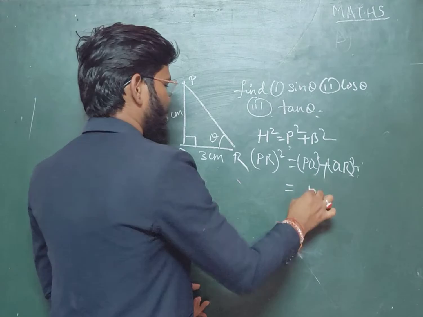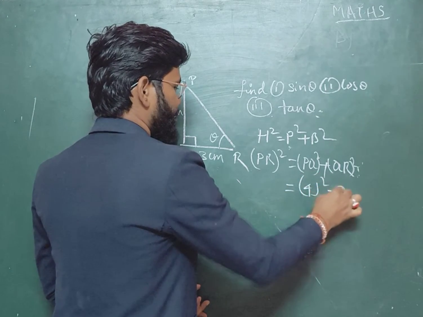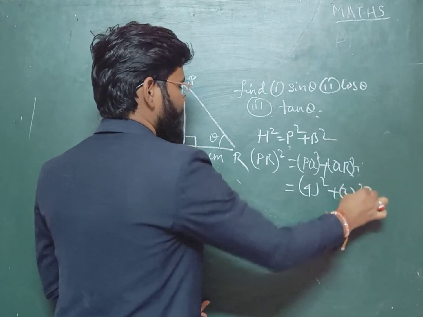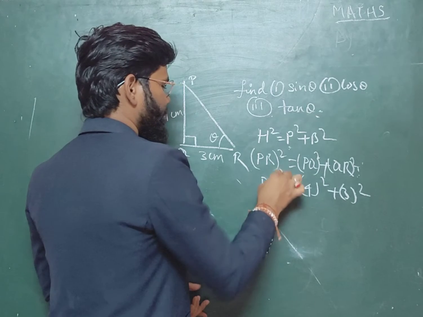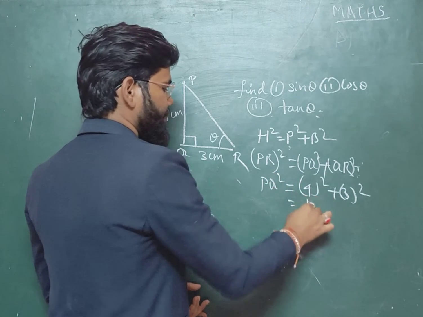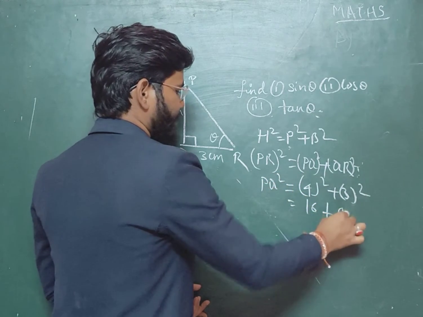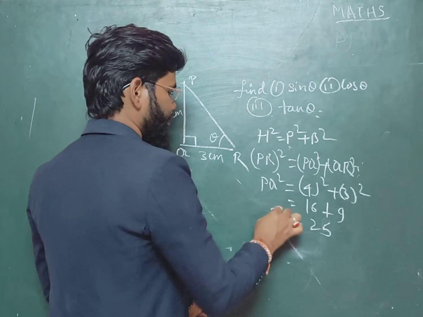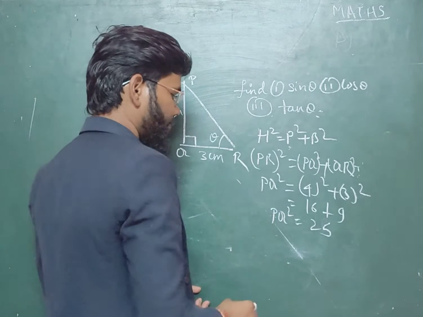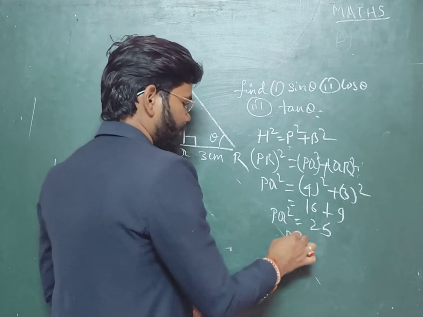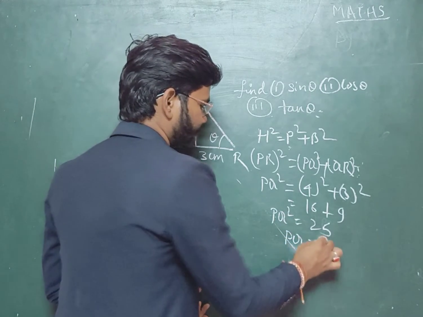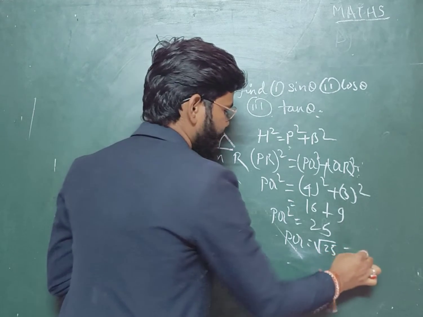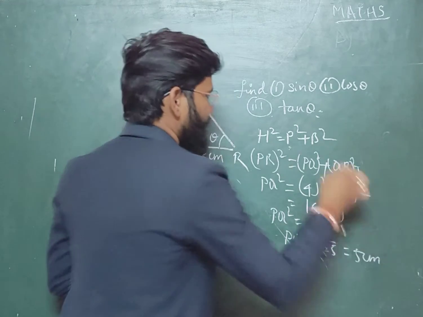So when we put them, 4 square plus 3 square, 4 square is 16 and 3 square is 9, so the value becomes 25. So PR square equals 25, and one more important thing, the value of PR is under root 25, that is 5 centimeter.